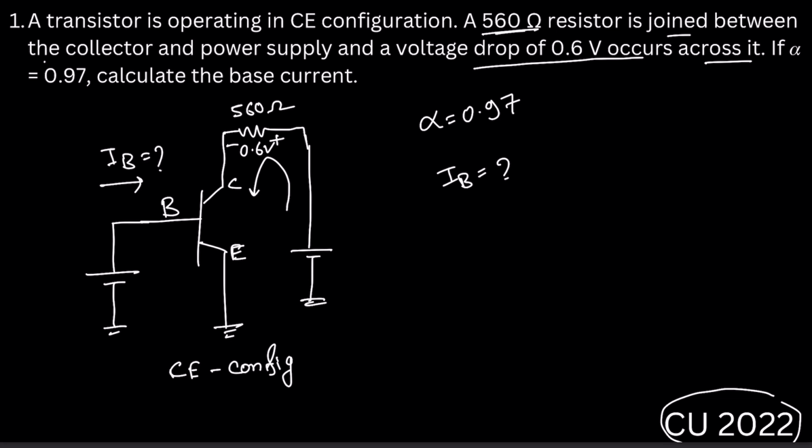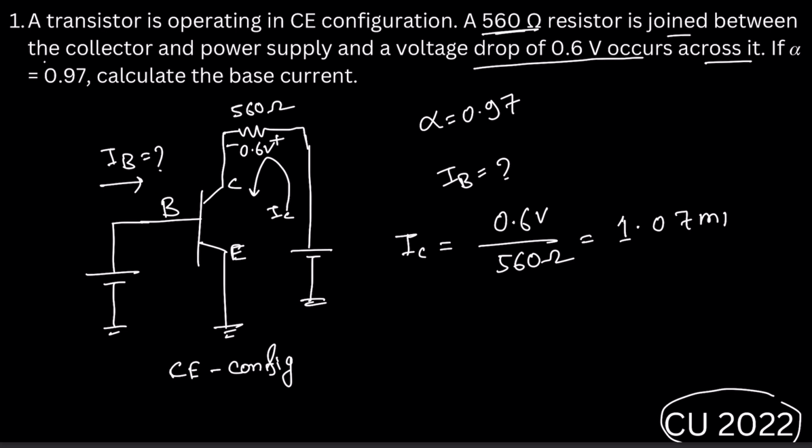So this current is IC, right? So we can write down IC equal to 0.6 volt divided by 560 ohm, right? From here, this one will be 1.07 milliamps. Okay, so now we have the IC. We know IC equal to beta into IB.